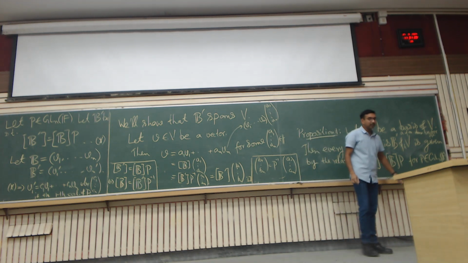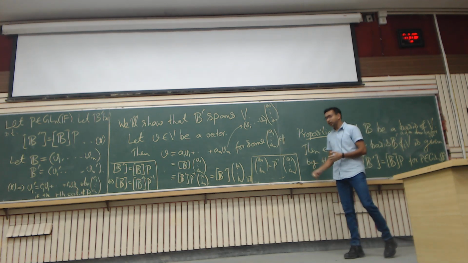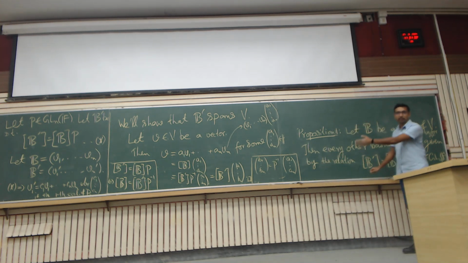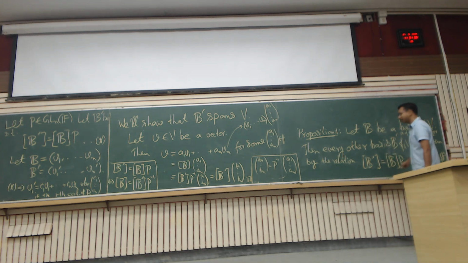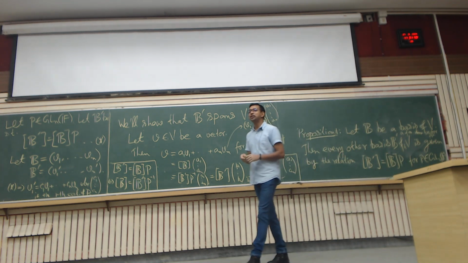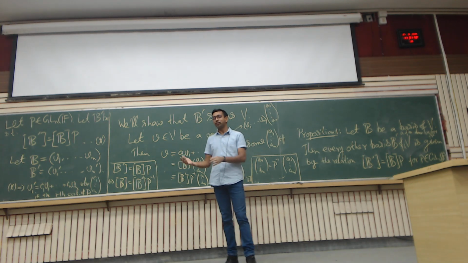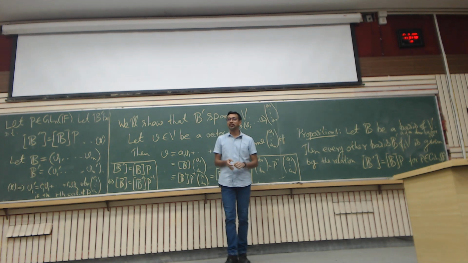Also, if we are given a basis and we multiply it with some element of GLnF, we are getting another basis. We have just shown that. So in other words, you get a bijection between the set of bases of an n-dimensional vector space on one hand and GLnF on the other hand. How does it work?